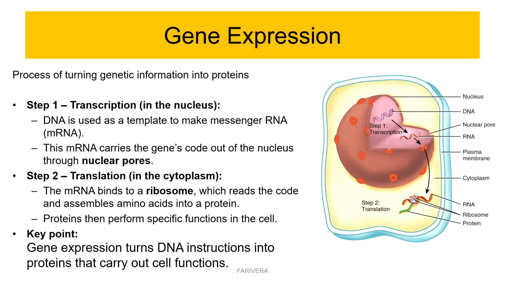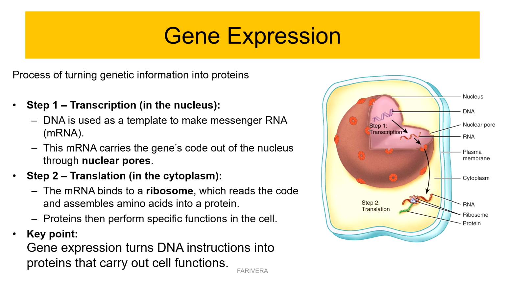Okay, so gene expression is the process through which genetic information is used to produce functional products, particularly protein. So there are two major steps for our discussion. We have transcription and translation. Transcription occurs in the nucleus. DNA is used to produce messenger RNA.